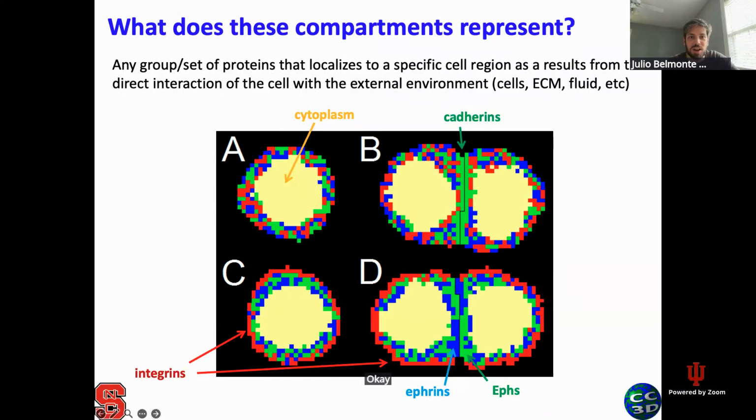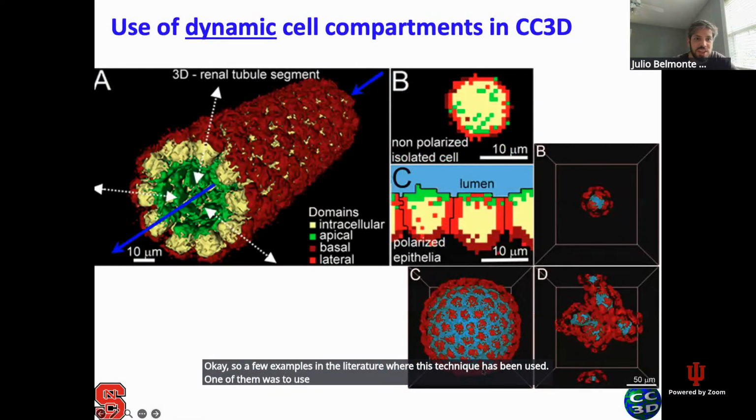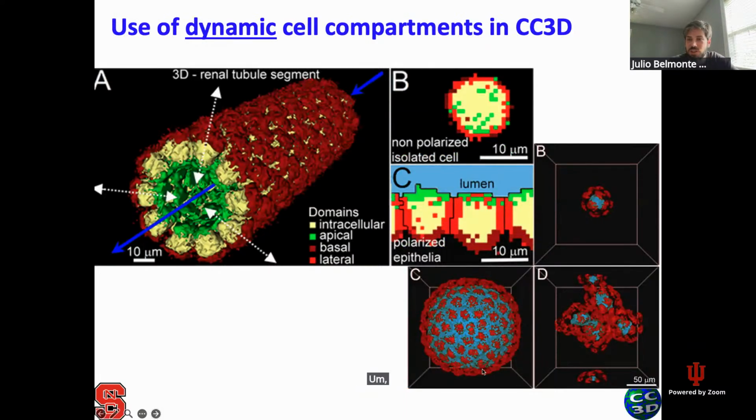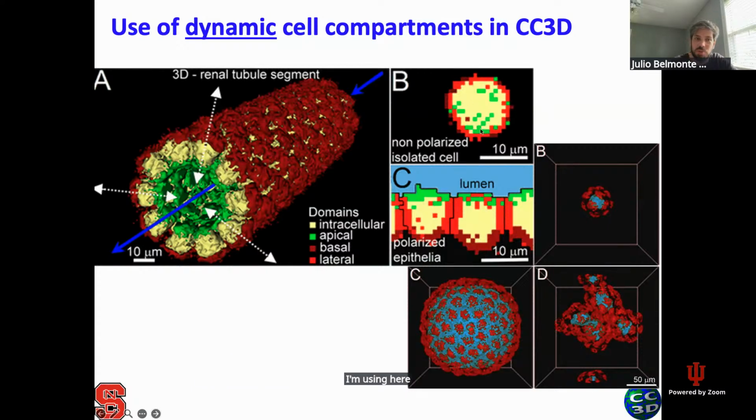Okay, so a few examples in the literature where this technique has been used. One of them was a model of a function and growing renal tube, where you have those cells here that are polarized. I'm using here dynamic cell compartments that stay more or less mixed inside the cell when the cell is alone.